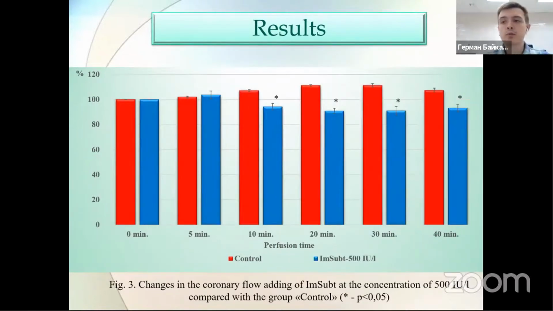In experimental group number 3, we observed an increase of 4% in the coronary flow by the 5th minute, and then we observed a significant decrease in coronary flow from 10 to 40 minutes of perfusion, by 10% relative to the control group.